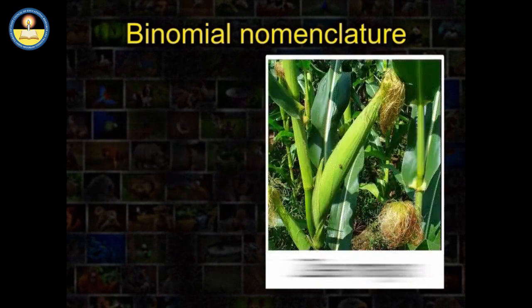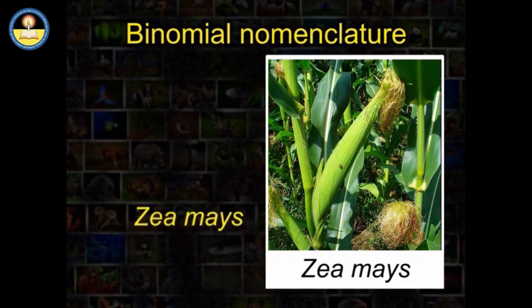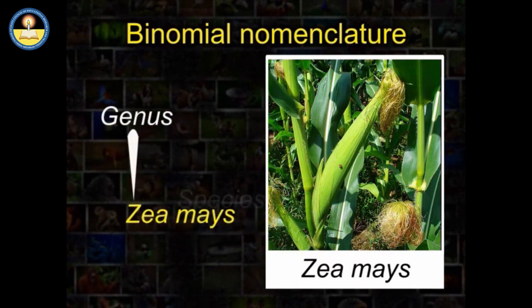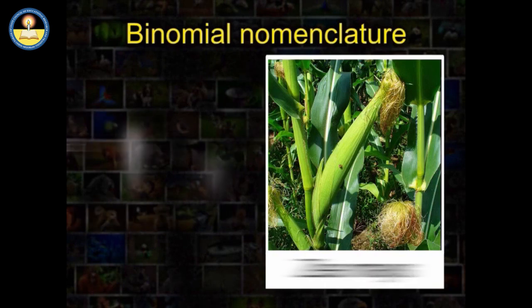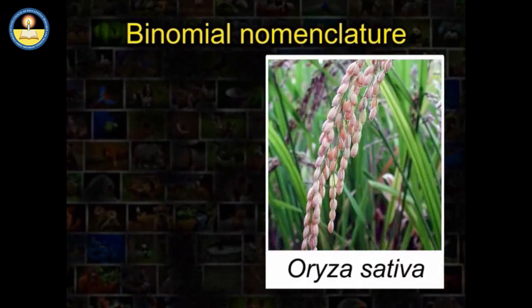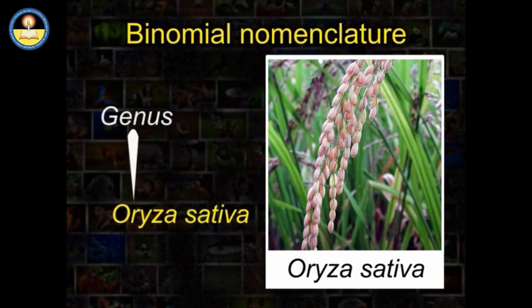In the scientific name of maize, that is, Zea mays, Zea is the genus, whereas mays is the species. In the scientific name of rice, that is Oryza sativa, Oryza is the genus, whereas sativa is the species.